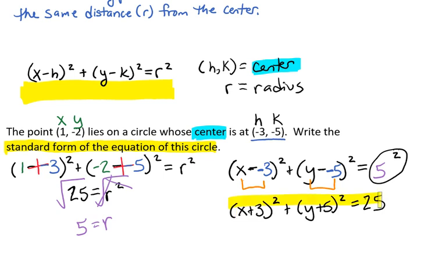Now we have our equation of this circle written in standard form. So we could graph this equation and it would give us a circle whose center was at (-3, -5), and the point (1, -2) would lie on the circle itself.